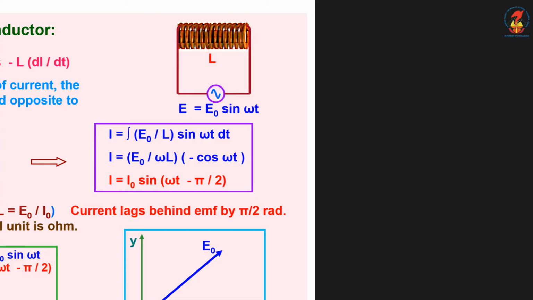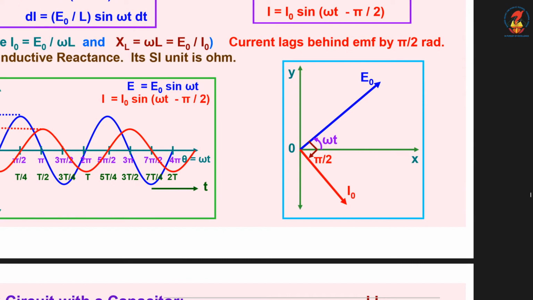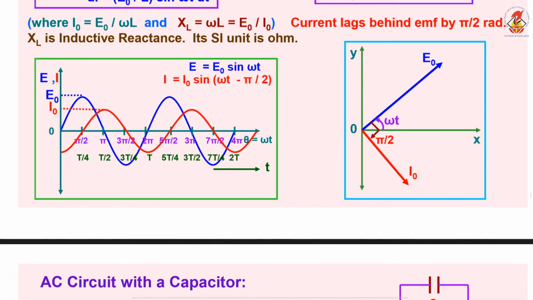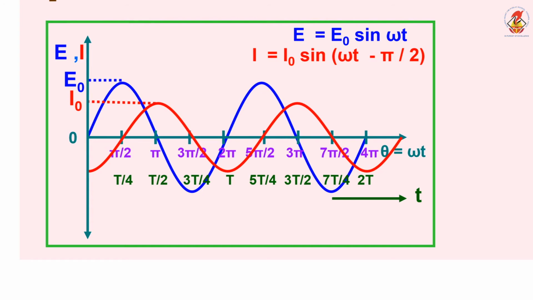So how will I draw the graph? Let us see. So remember, current is lagging. I'll first show the graph, then I'll show the phasor. So look at the graph. In the graph you can see, first you have to draw the EMF because E is E0 sine omega t.